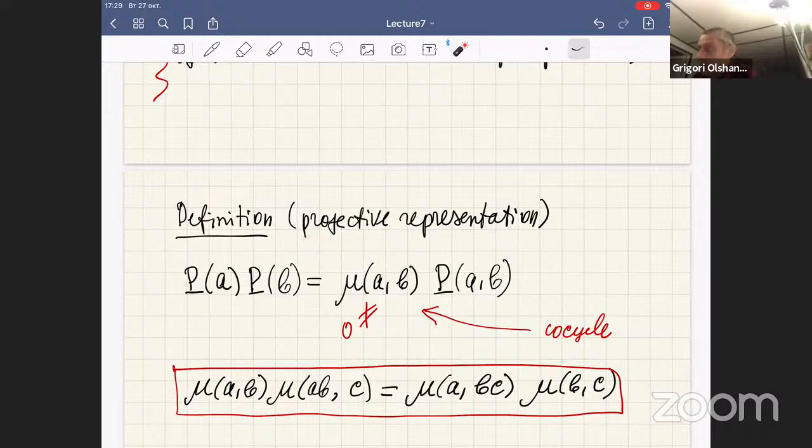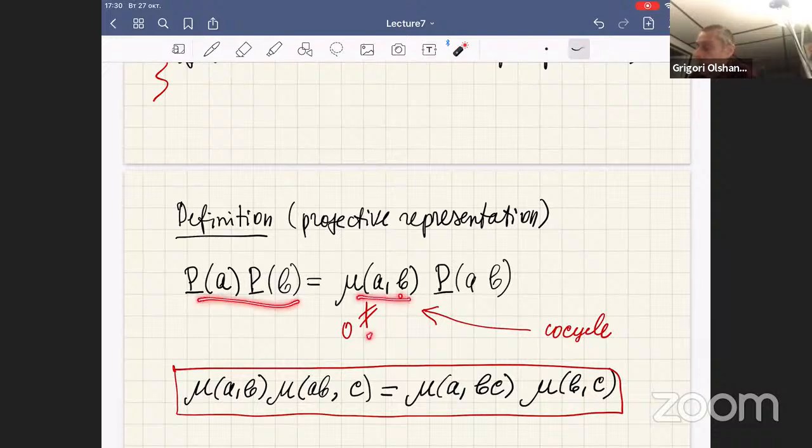Assume that we want to define a representation, say capital P, of some semigroup whose elements are denoted as A and B. If you multiply two operators corresponding to the given two elements, the result is just the operator of the product of A and B, but the difference is that there is some possible number factor, which I assume to be non-zero, which can arise.